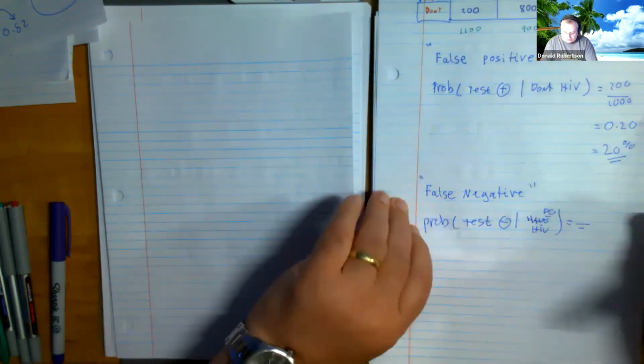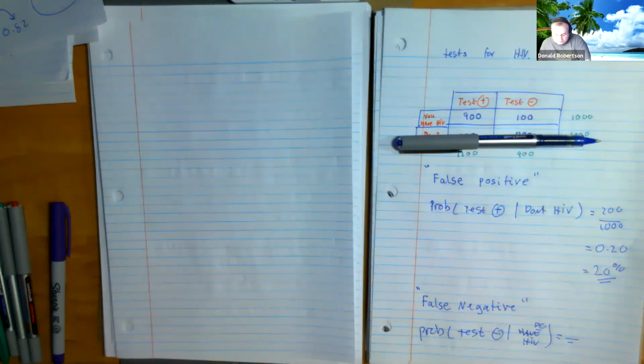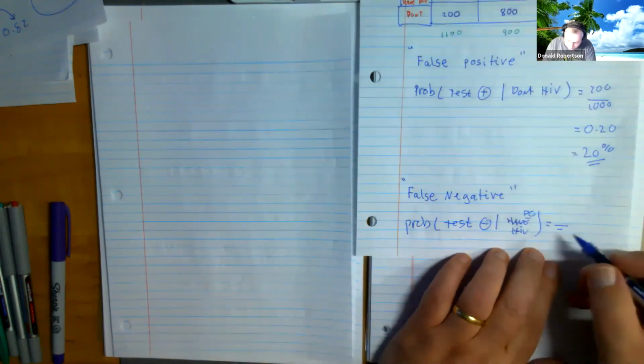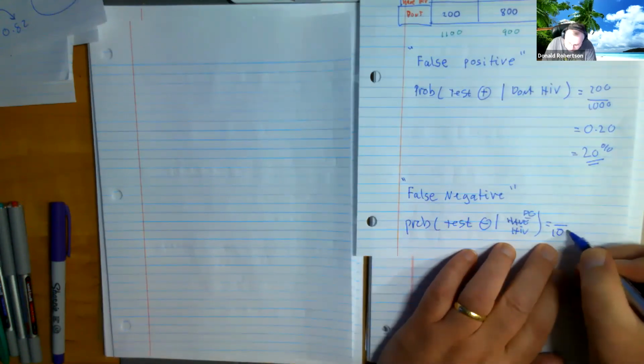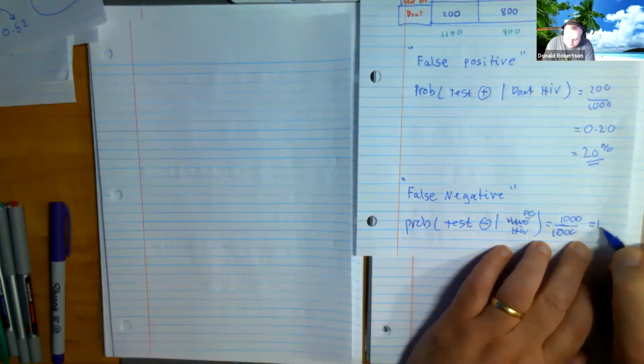Now, since you do have HIV, do you see that the top row looks like that? And the people who tested negative in that world, well, there's 1,000 people and 100 of them, and that ends up being 10%.